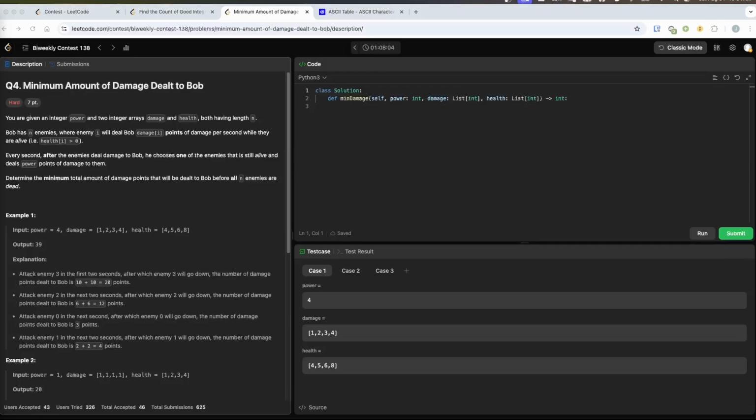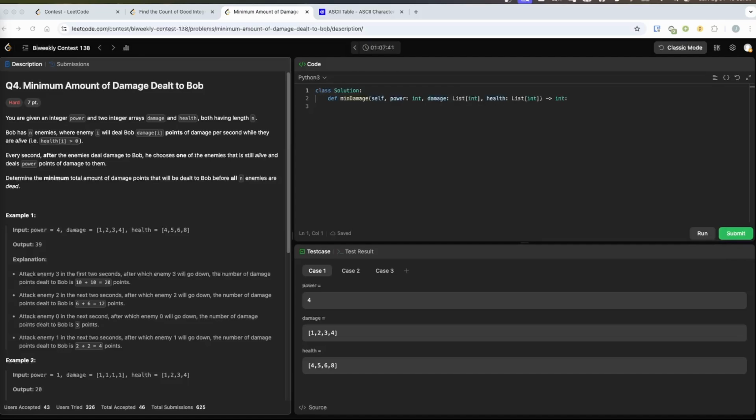But I think due to constraints, we can't do DP, right? So is there like a way?